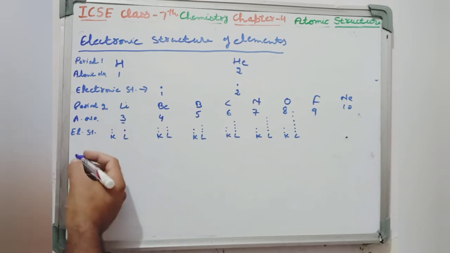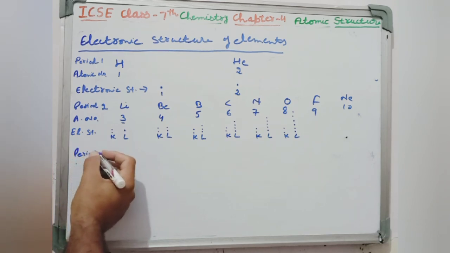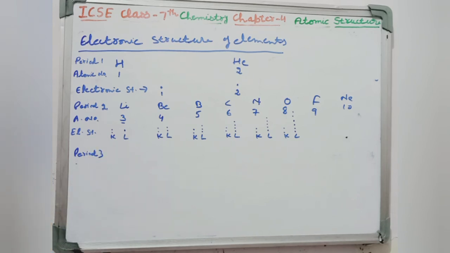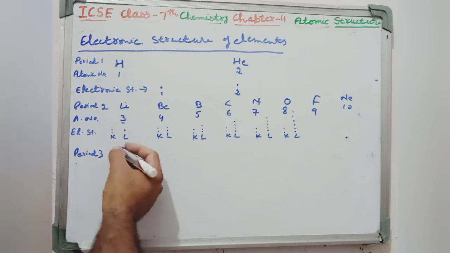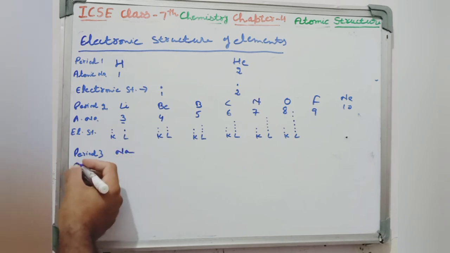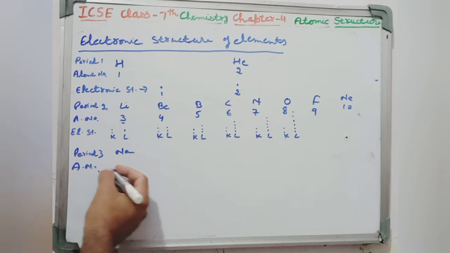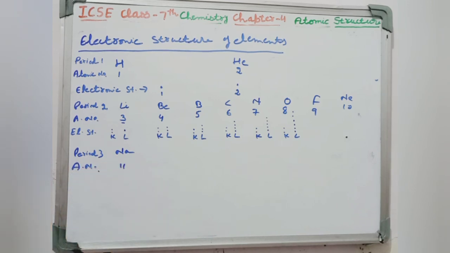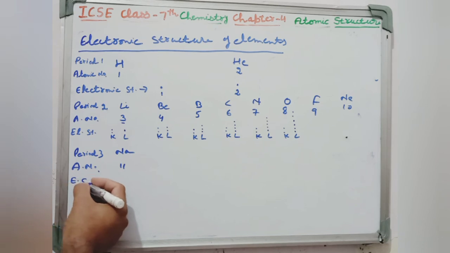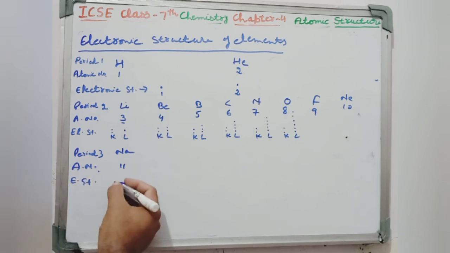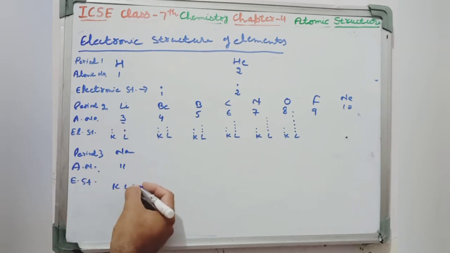Now period 3. In period 3, the first is sodium. Sodium's atomic number is 11. Its electronic structure K, L. Here K can hold 2.